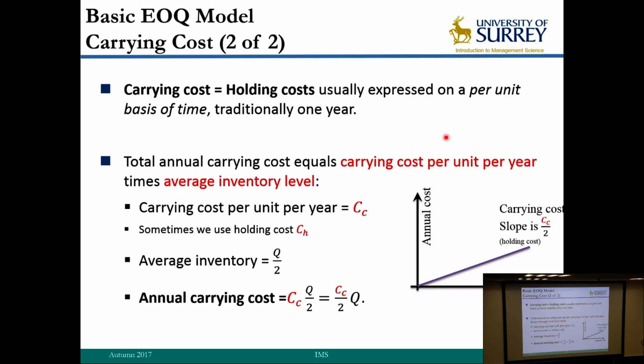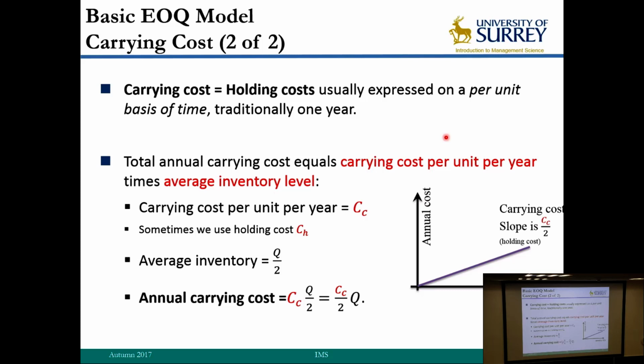So in the whole year, we know the average inventory is this. How do we find the total carrying cost? It is the average inventory times the per unit cost. We calculate the average inventory for every day, so this is basically the inventory we have for the whole year.